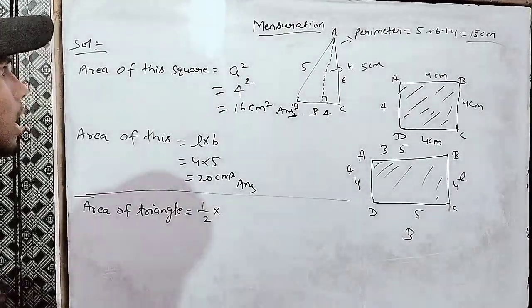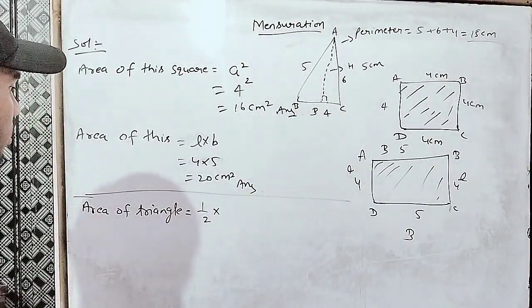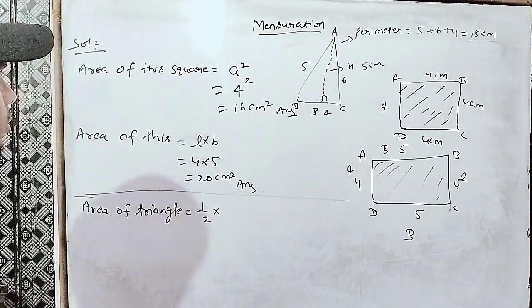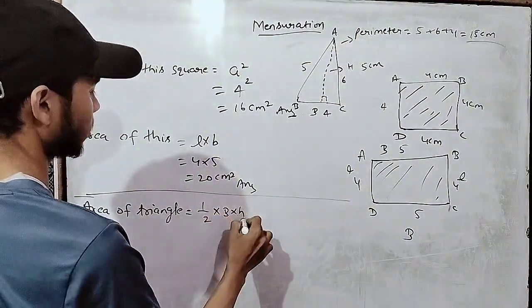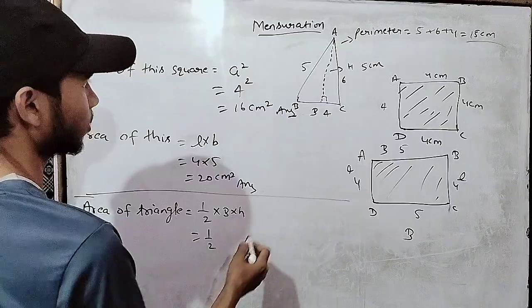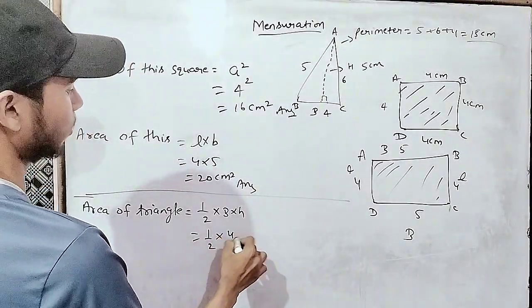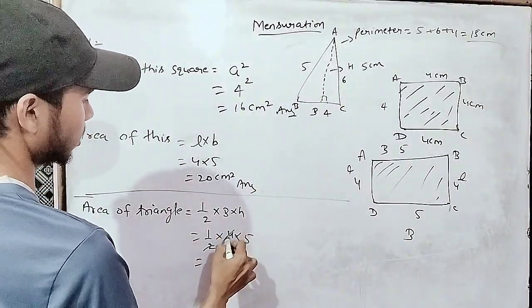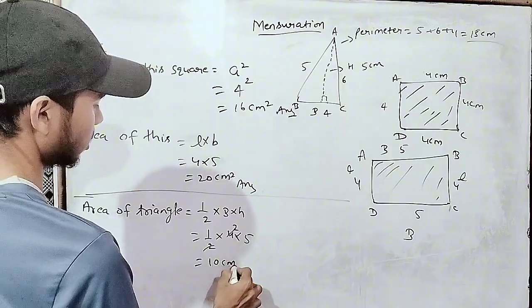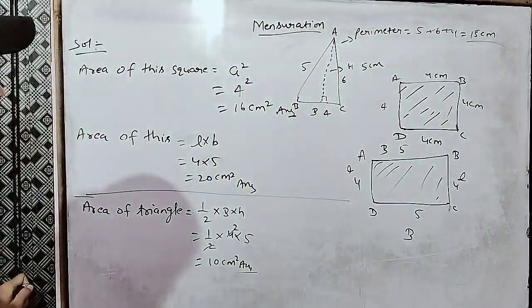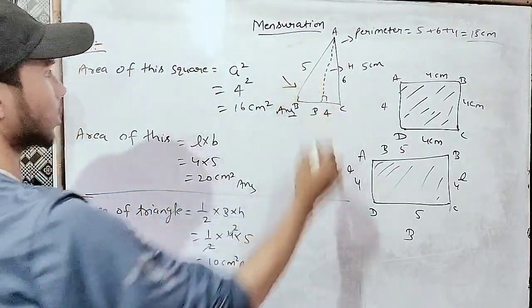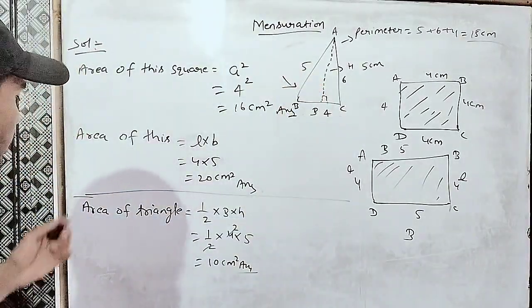Then the formula is 1 by 2 times B times H, where B is 4 and H is 5. Half of 4 is 2, 2 times 5 is 10 centimeter squared. 10 centimeter squared is the area of this triangle. Got it?